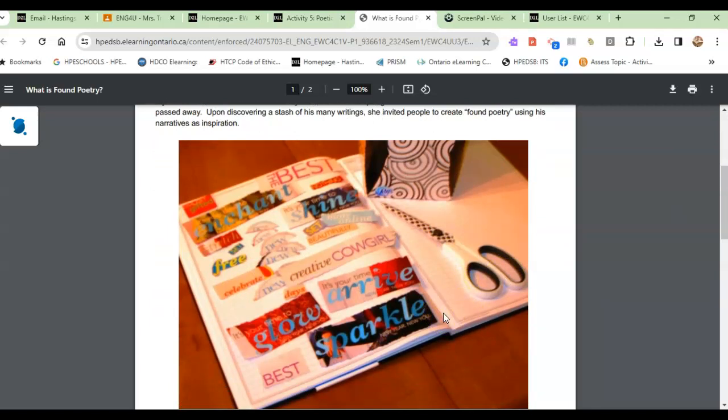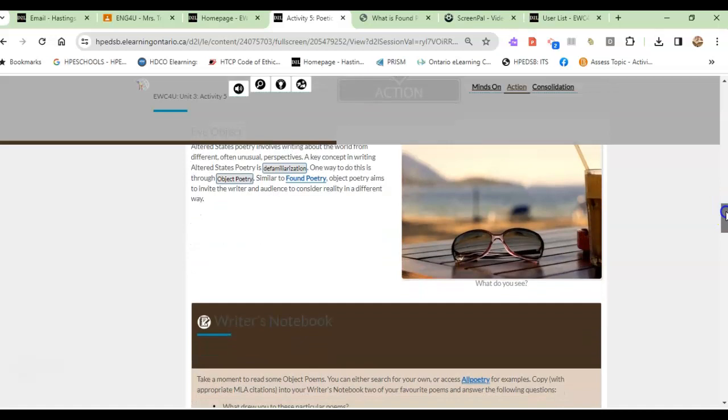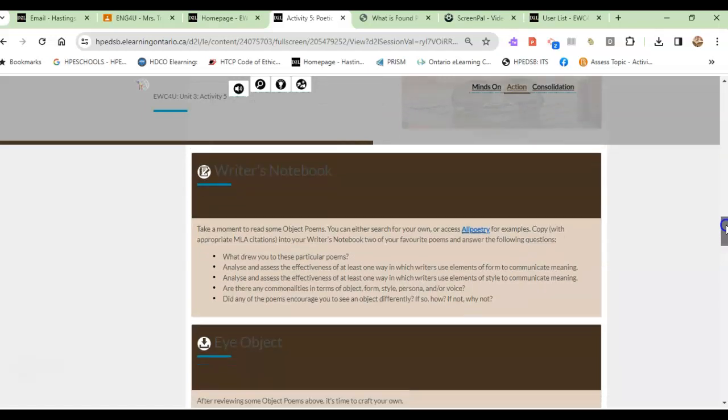We often do this when we're getting rid of books, that they can cut words out of books and paste them on and create a poem out of the words that they cut out. So finding poetry in a number of different places other than the usual writing about a concept. So it's really about finding inspiration in a number of different ways.